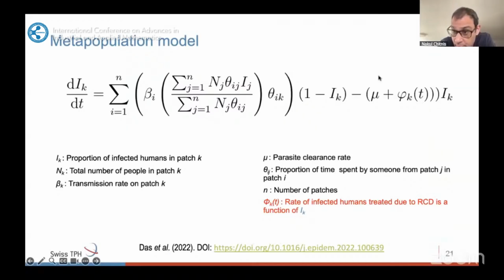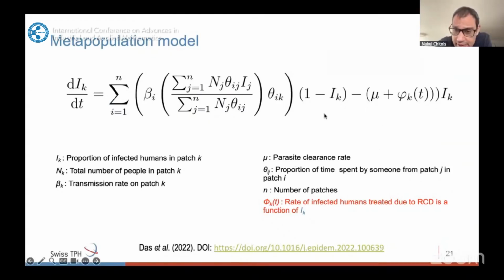Here it reduces when people are either treated through 5K, treated through a reactive case detection program, or where they clear the parasite either through passive case detection or just the parasite dying out on its own.